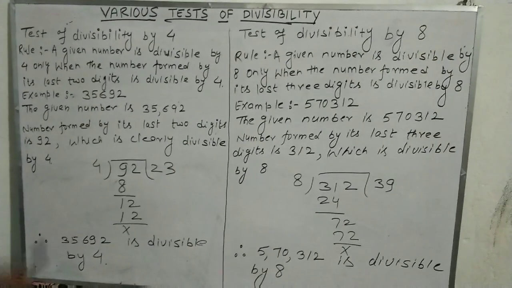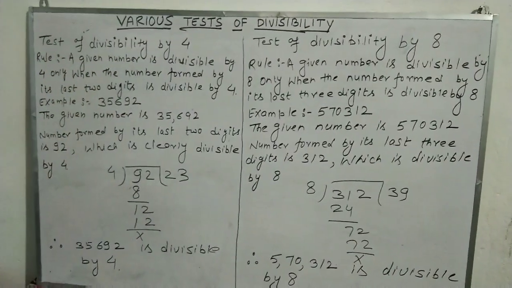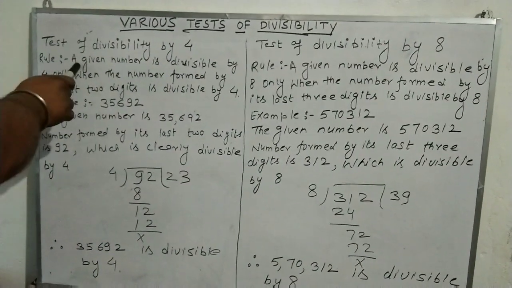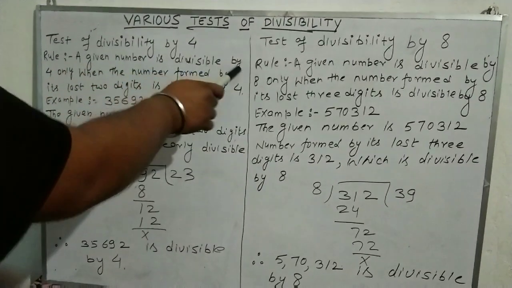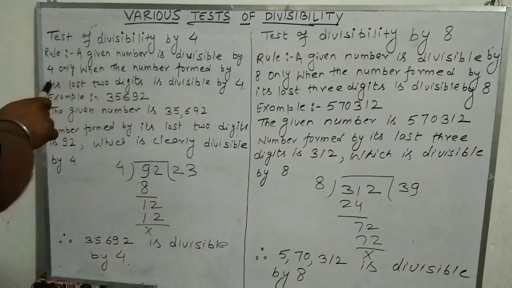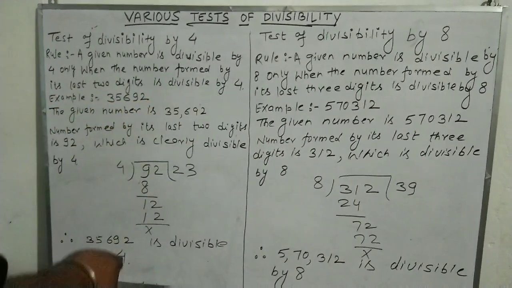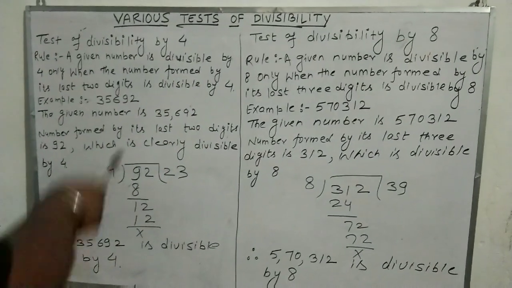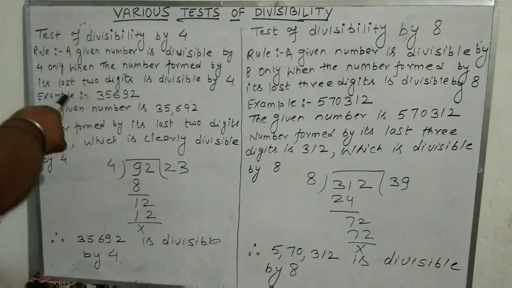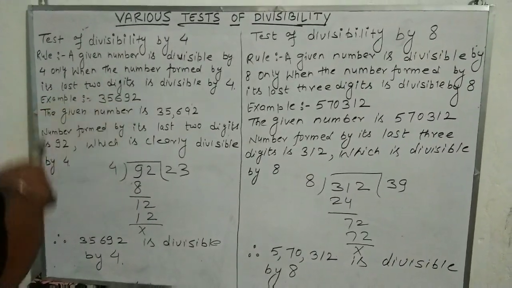Next is the test of divisibility by 4. So, the rule is: a given number is divisible by 4 only when the number formed by its last two digits is divisible by 4. To understand this rule, we will take an example. Our number is 35,692.